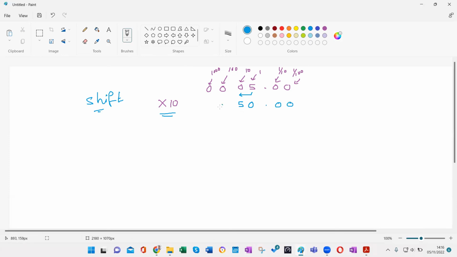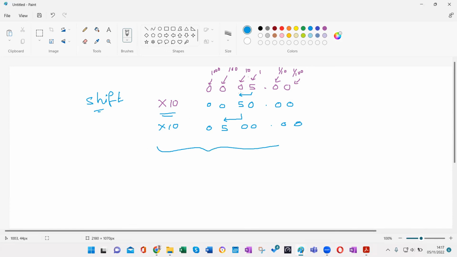But we are going to do it in binary. That's the tricky part. If I want to multiply it again by 10, I shift that 5 one place to the left again. So now the 5 is here, and these two will be zeros. It became 500. Now overall, what did I do?